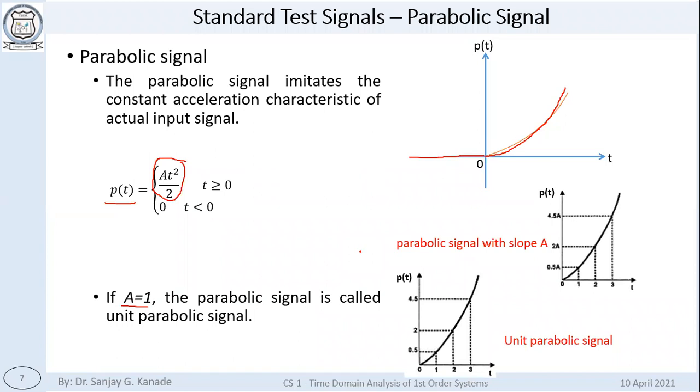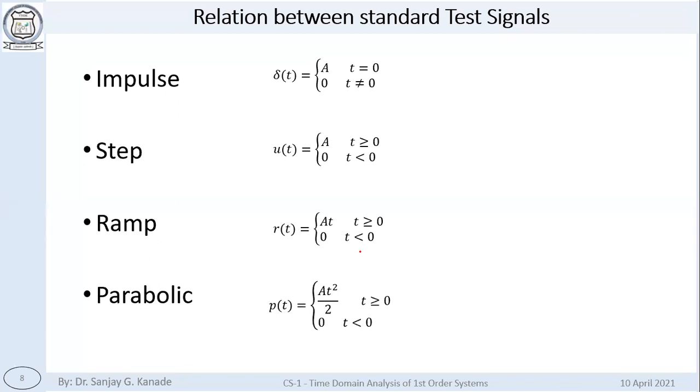So these are four standard test signals that are used for time domain analysis, and on this slide I have taken all of them together on a single slide so that you can look at them all together, and now we are going to look at the relationship between them.